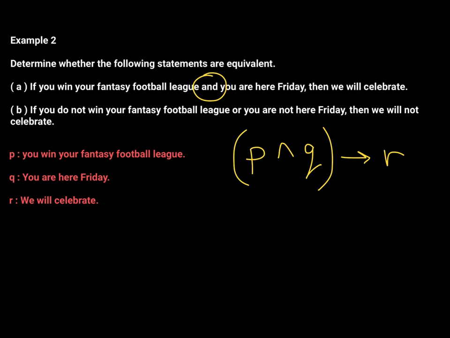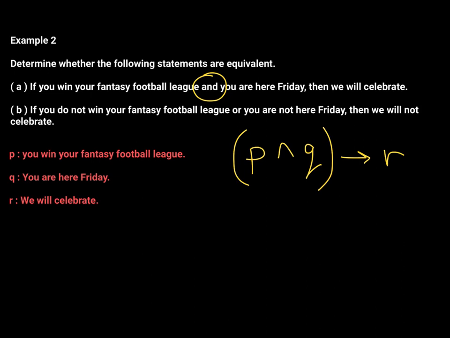Now the second statement, if you do not win your fantasy football league or you are not here Friday, comma, then we will not celebrate. Once again, it's a conditional statement. Everything before this comma right here is your antecedent. All right, here we go.